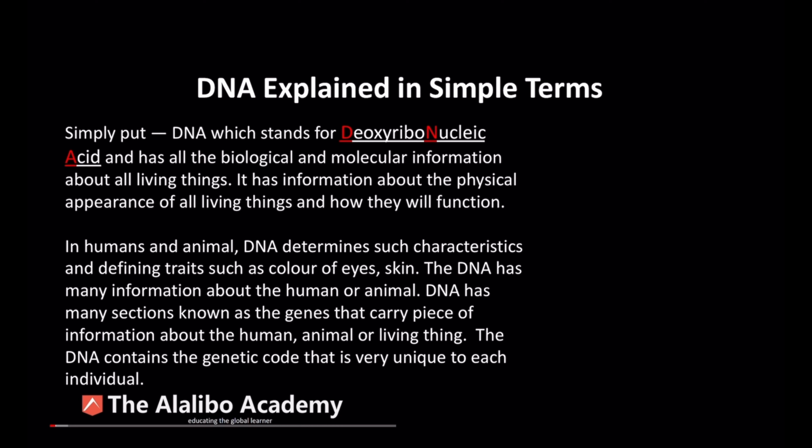All right, so it says here, simply put, DNA stands for deoxyribonucleic acid. And it has all of the biological and molecular information about all living things. Now let's list the living things that we know of.